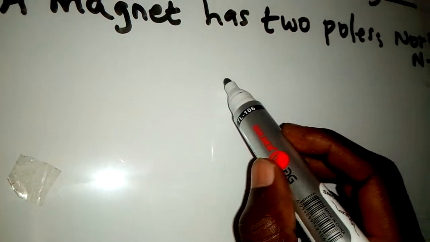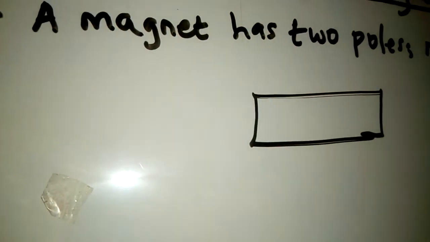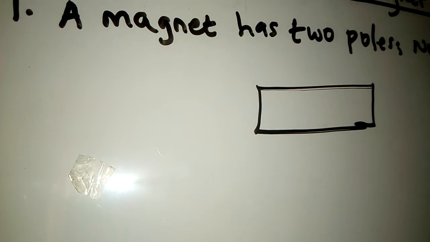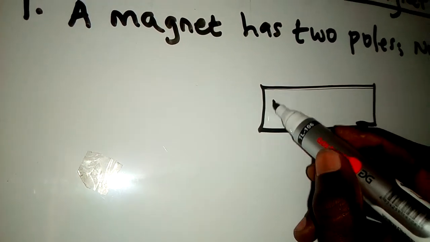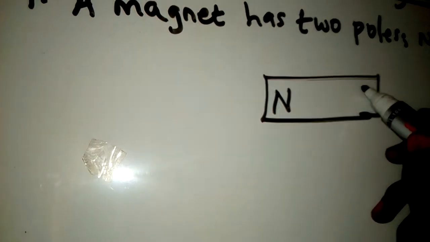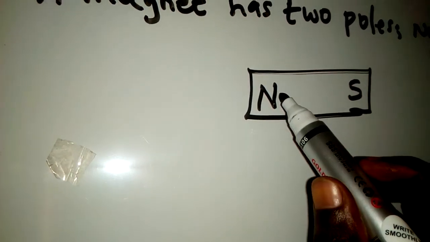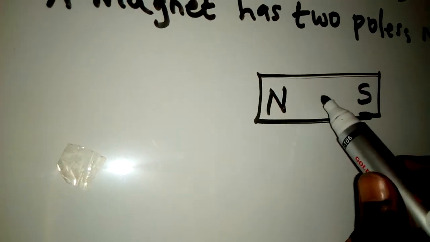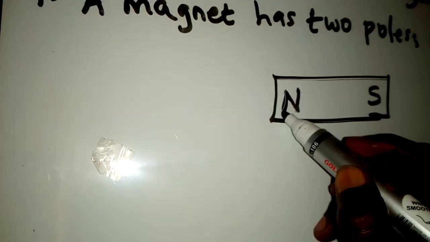So assuming this is a magnet, and by the way, it is very easy to draw a magnet. You just draw a rectangle, and then one side you put N close to the end, and then one side you put S also close to the end. Don't write this N in the middle here or the S. It must be near the end.